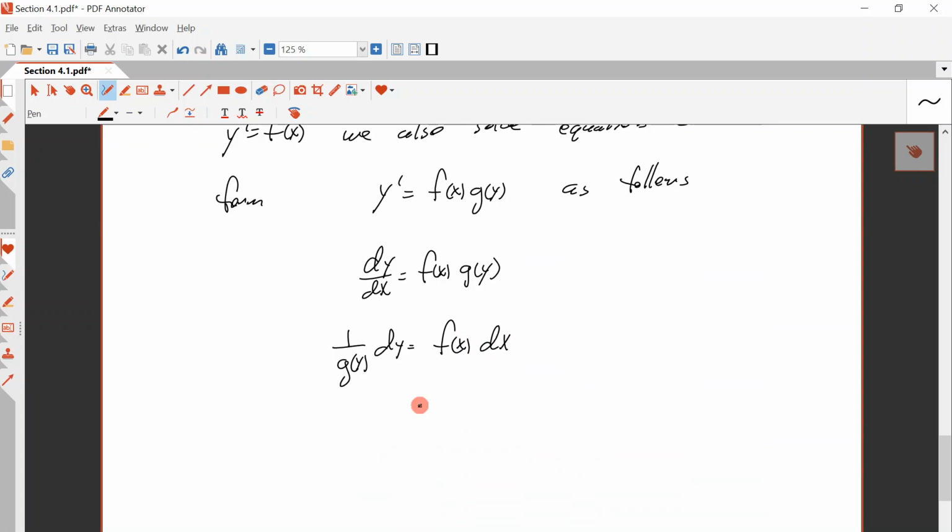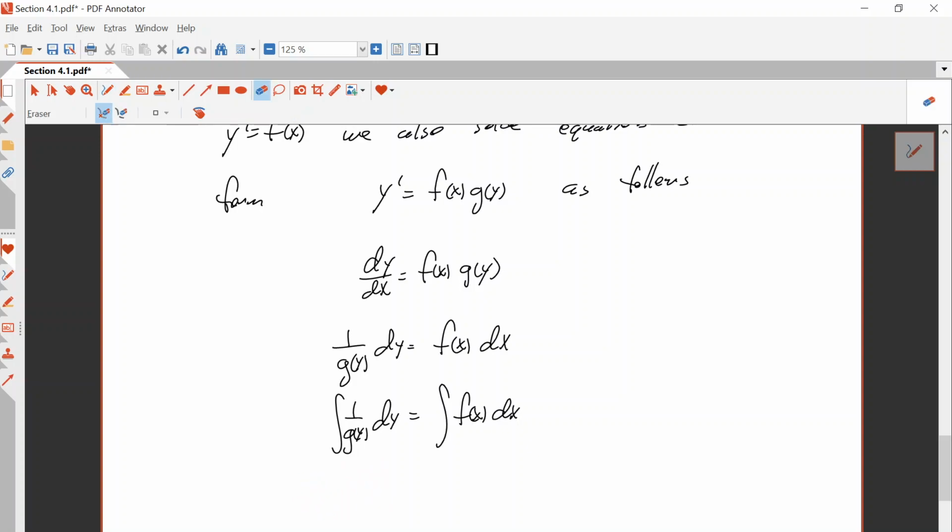And then take the antiderivative of both sides. When you do, you should come up with a function for y implicitly in terms of a function of x.